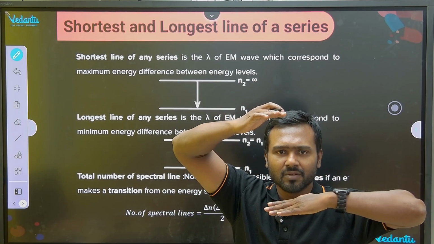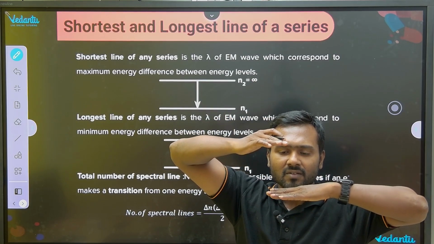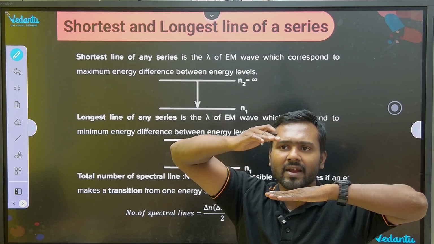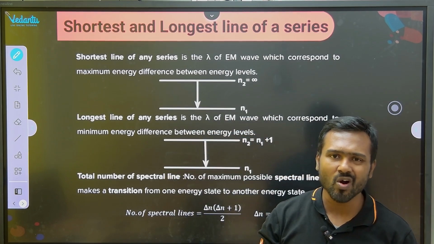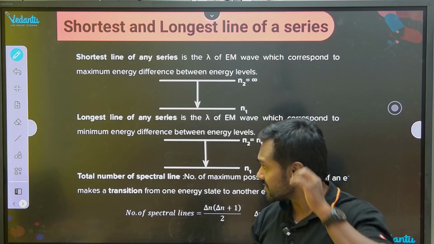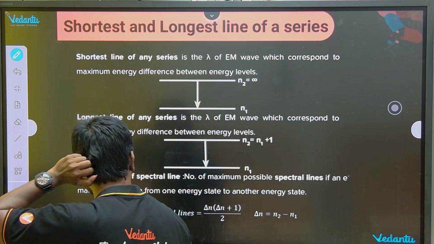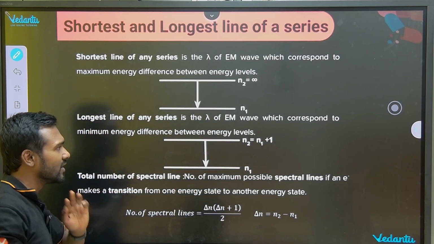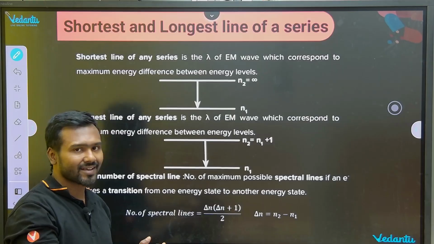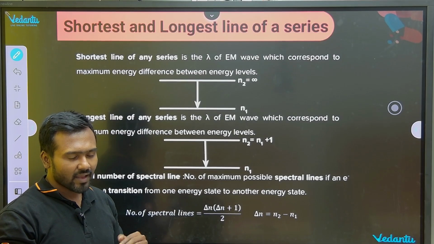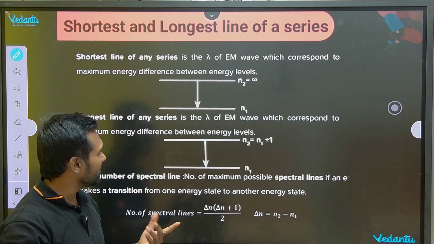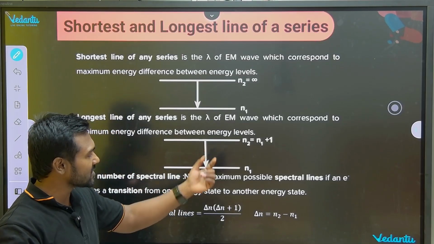So 1 to 2. In the Balmer series, the first line is n1 equal to 2 and n2 equal to 3, so 2 to 3. The first line is also called the H alpha line, and that has the minimum energy or longest wavelength. You can say n2 is equal to n1 plus 1.